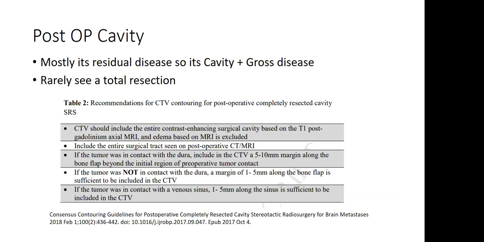Okay, post-op cavity. Recently, I think 1 year or 2 years back, we had guidelines for the post-operative cavity delineation in brain metastasis. To be honest, it's a very difficult site to treat, and I always prefer to have an intact met rather than the cavity one, because it increases the volume a lot. It increases the normal tissue doses, it increases our meningeal side doses.